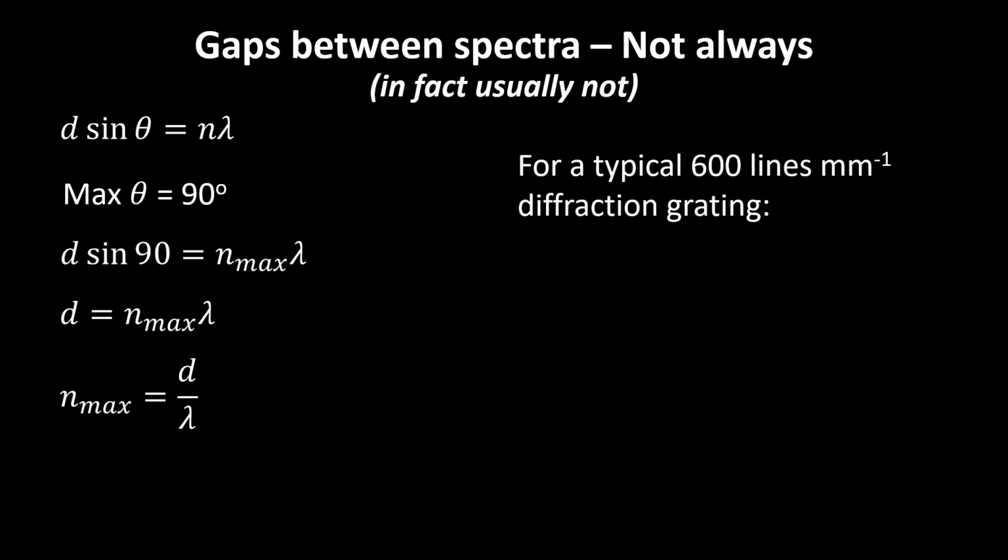Now, if we take a fairly typical diffraction grating, it is 600 lines per millimeter or 600,000 lines per meter. That would give us d is 1 divided by 600,000, so 1.67 times 10 to the minus 6 meters.